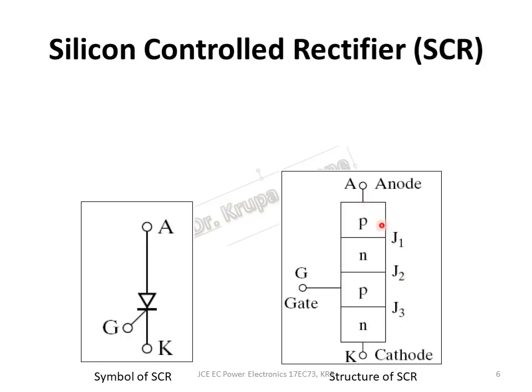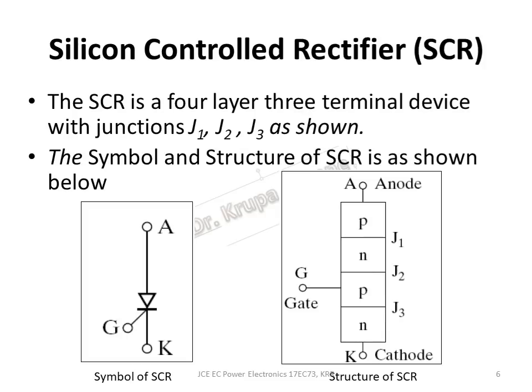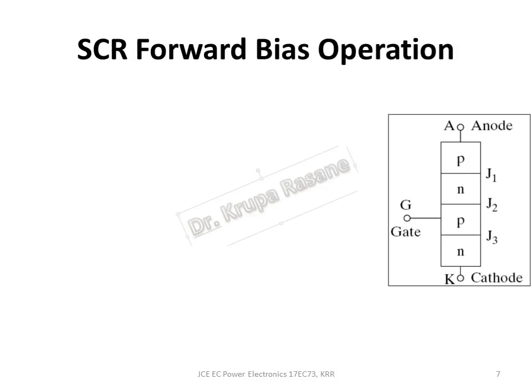At the J1 junction, the P layer comes with the anode terminal. At the N layer, we get the cathode, and at the P layer, we get the gate, which is nearer to the cathode. SCR stands for silicon controlled rectifier. So this is the symbol and structure.